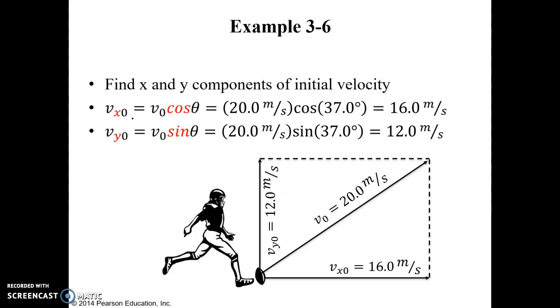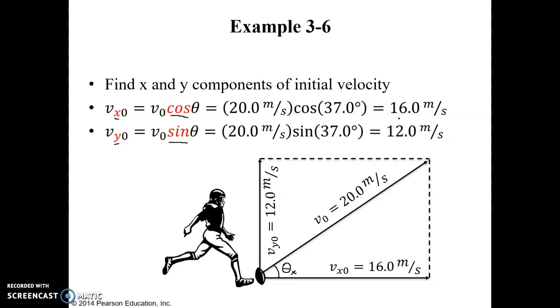So I have highlighted here in red when we know or are using the theta with respect to the horizontal, that's a key part here, then the horizontal component is found by multiplying by cosine of the angle, and the vertical y component is found multiplying by sine. So we have the initial velocity multiplied by cosine of 37.